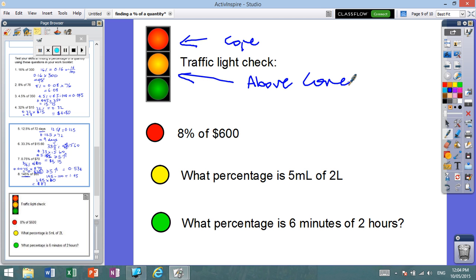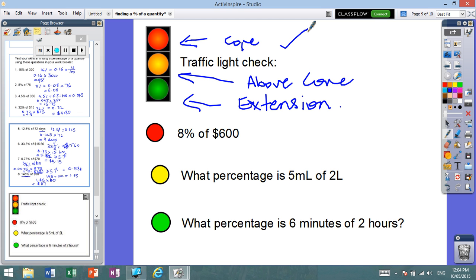And green light is really an extension, a real challenge question. The most important thing is to be able to do the red one. If you can do the red light, then that's good. You've got the core that you need to know on this lesson. Then we start looking at the next one, and it's just that little bit harder. So if you're looking to really stretch yourself, then have a go at these.